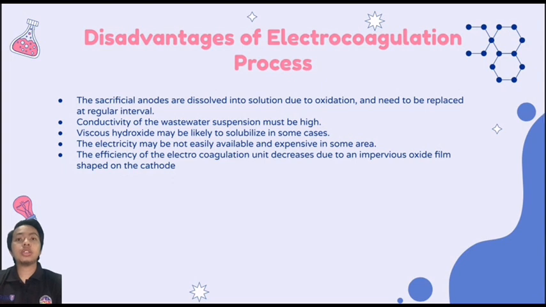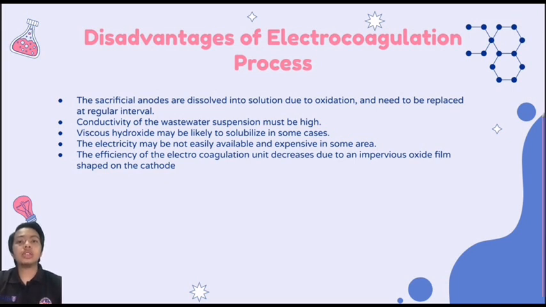For the disadvantages of the electrocoagulation process, the sacrificial anodes dissolve into solution due to oxidation and need to be replaced at regular intervals. Conductivity of the wastewater suspension must be high. The third one is that the viscosity of hydroxide may be likely to solubilize in some cases.